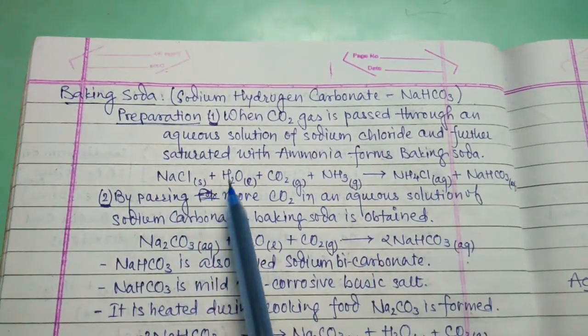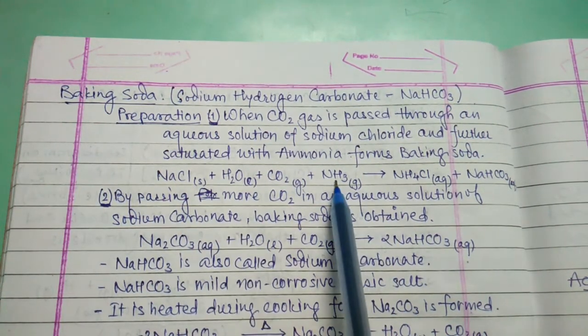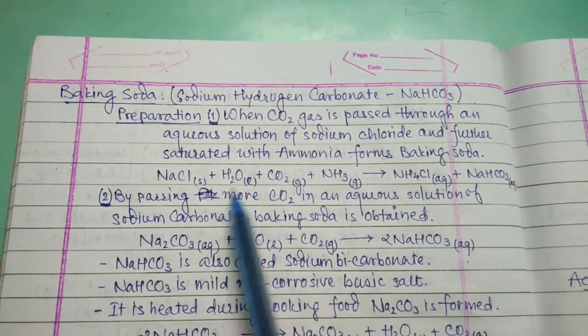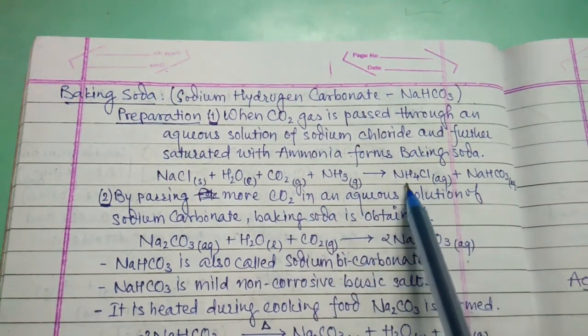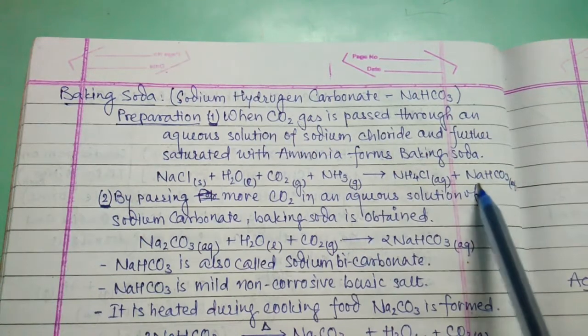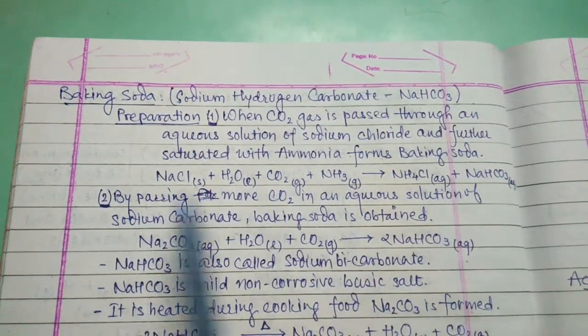So NaCl plus H2O, the saturated solution, ammonia is passed through it, and after that carbon dioxide is passed. Ammonium chloride and sodium hydrogen carbonate are obtained. This is the first preparation.